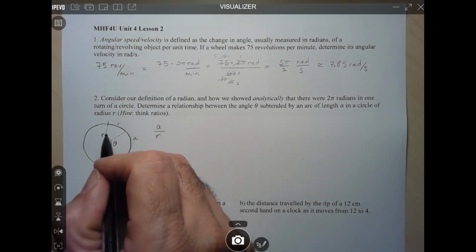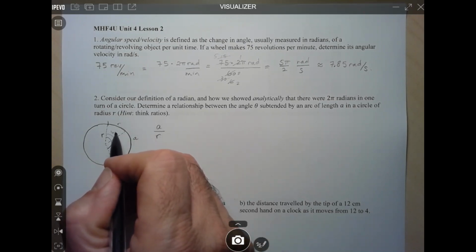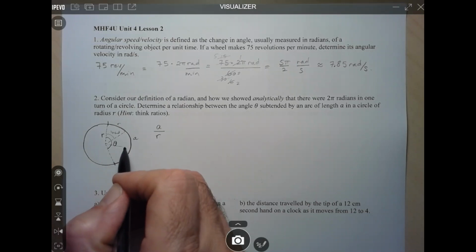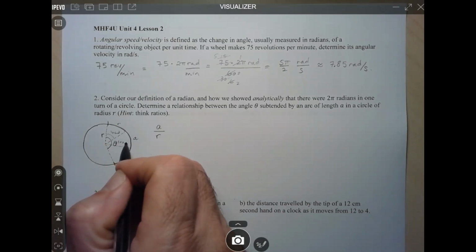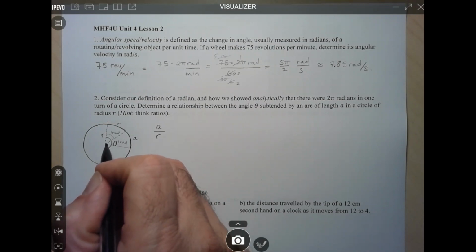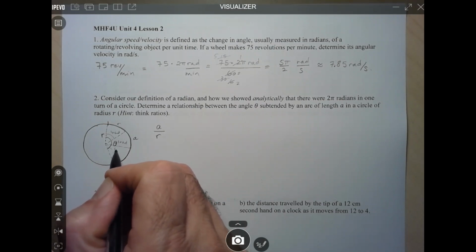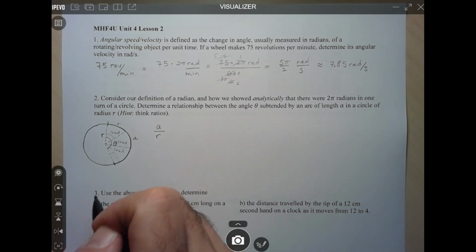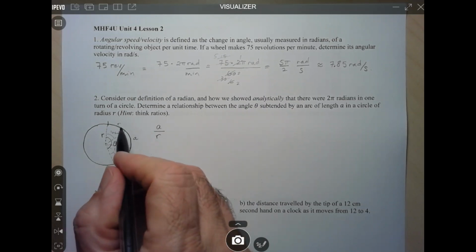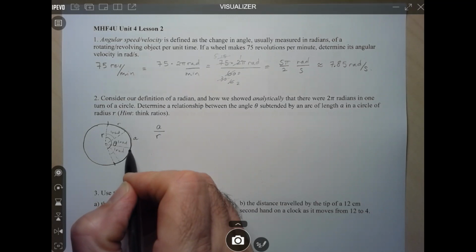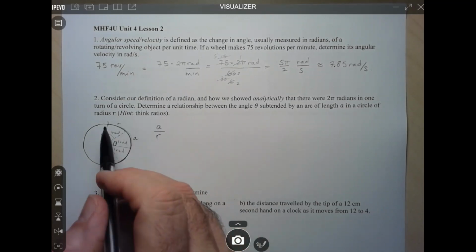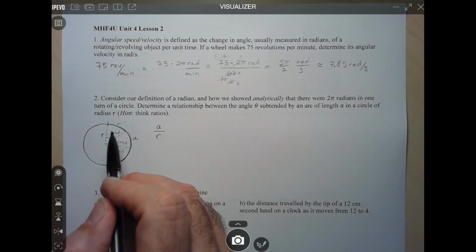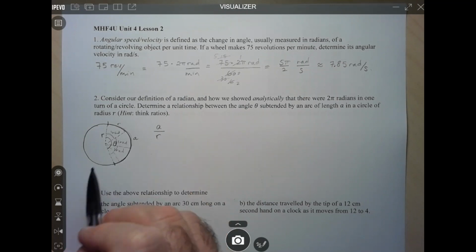So here there's 1 radian. Here's another radian. And there's maybe another radian. And then another little bit. So if I want to ask myself how many radii go into this arc length, I do that by dividing. But each of these radii is going to represent going around by 1 radian.